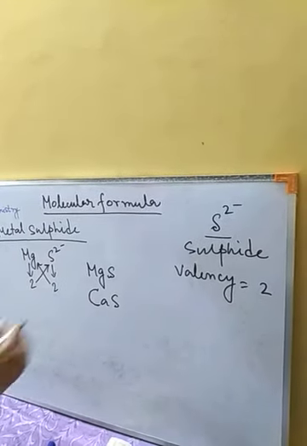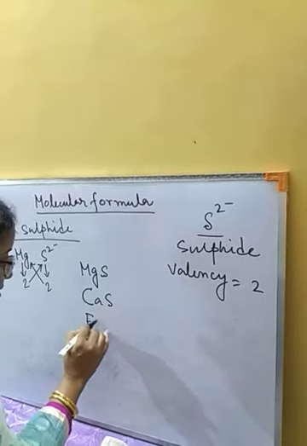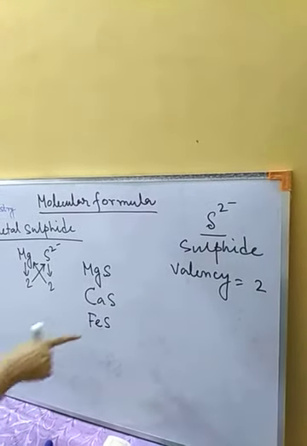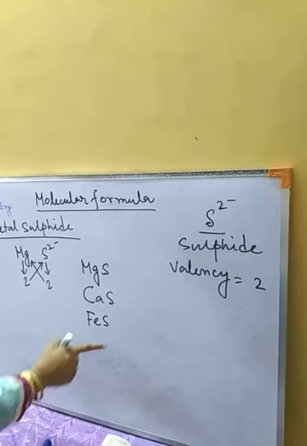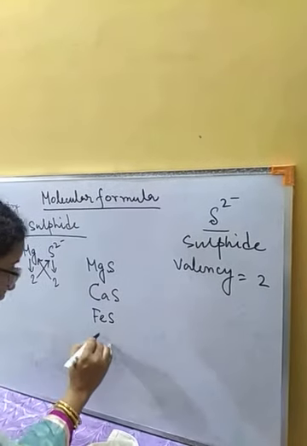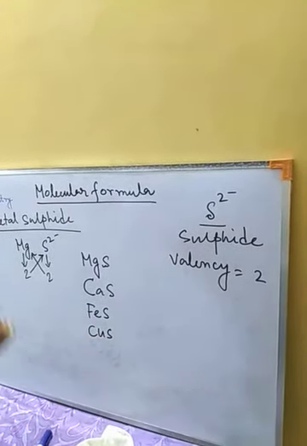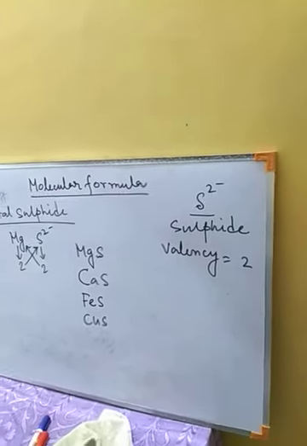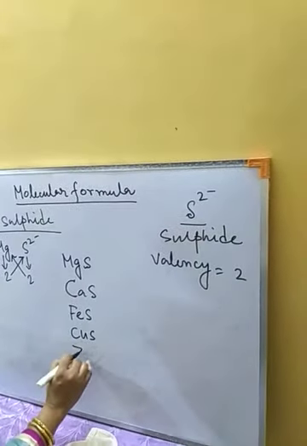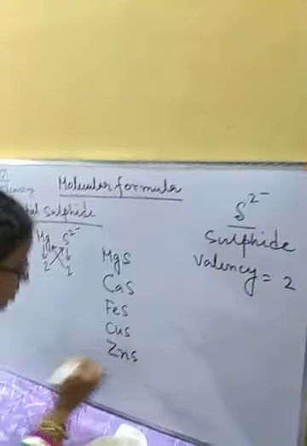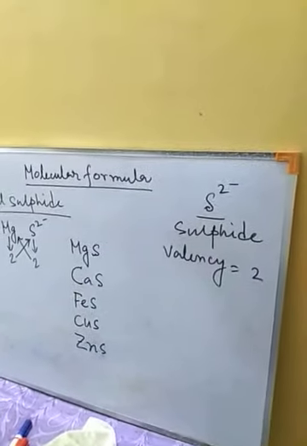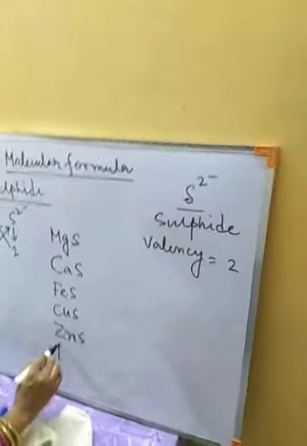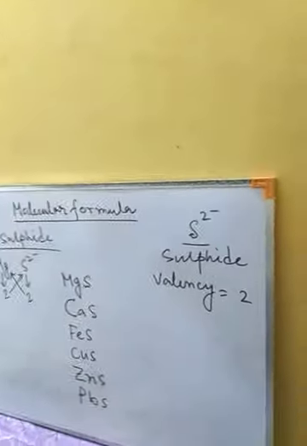Next we have ferrous sulfide, FeS. Iron sulfide or ferrous sulfide, FeS. Copper sulfide, CuS. Next we have zinc sulfide, ZnS. Next lead sulfide, PbS.